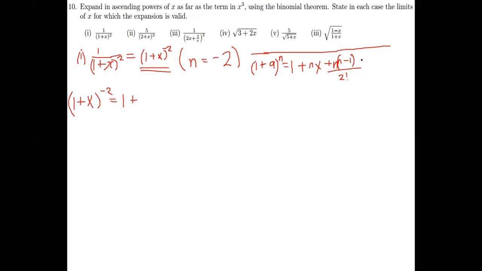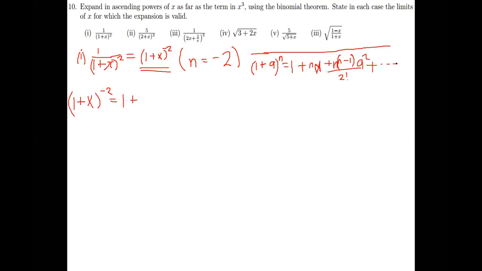And then there is our a here, which is supposed to be a. We're not using x. This is a, and then our a here squared, and then it goes on like that.